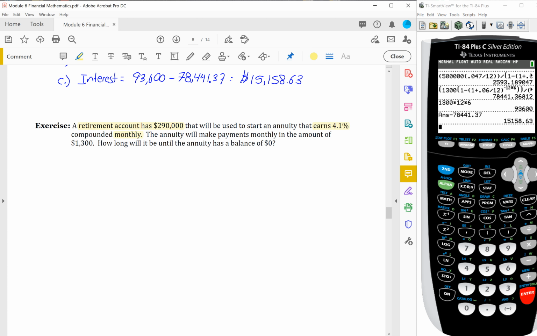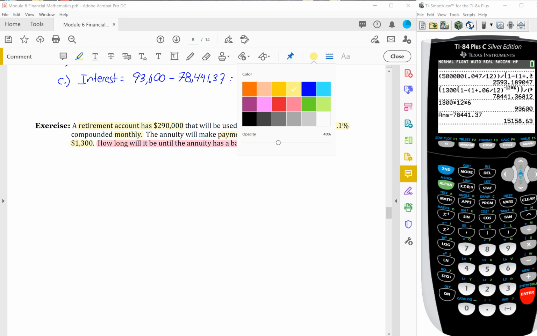The annuity will make payments monthly in the amount of $1,300. How long will it take until the annuity has a balance of $0? How long will it take to empty the account?